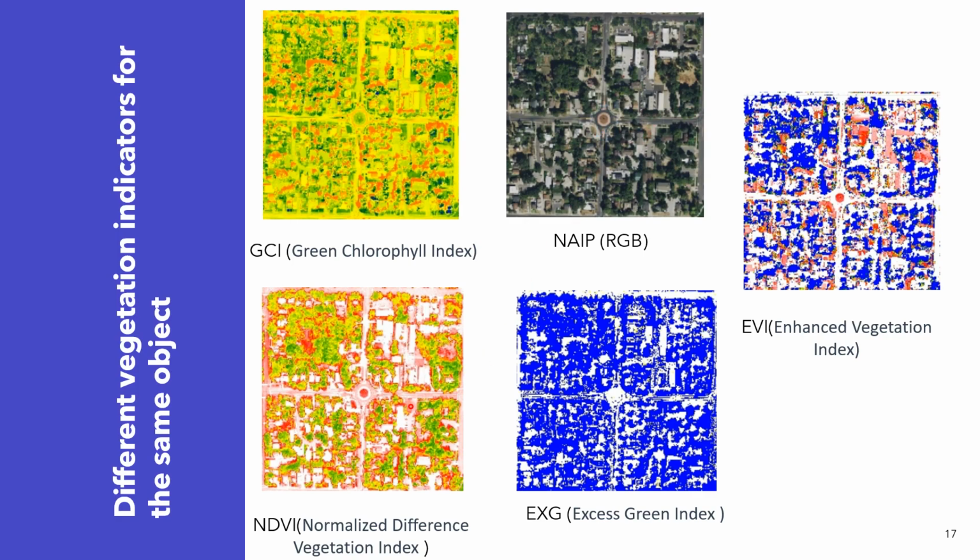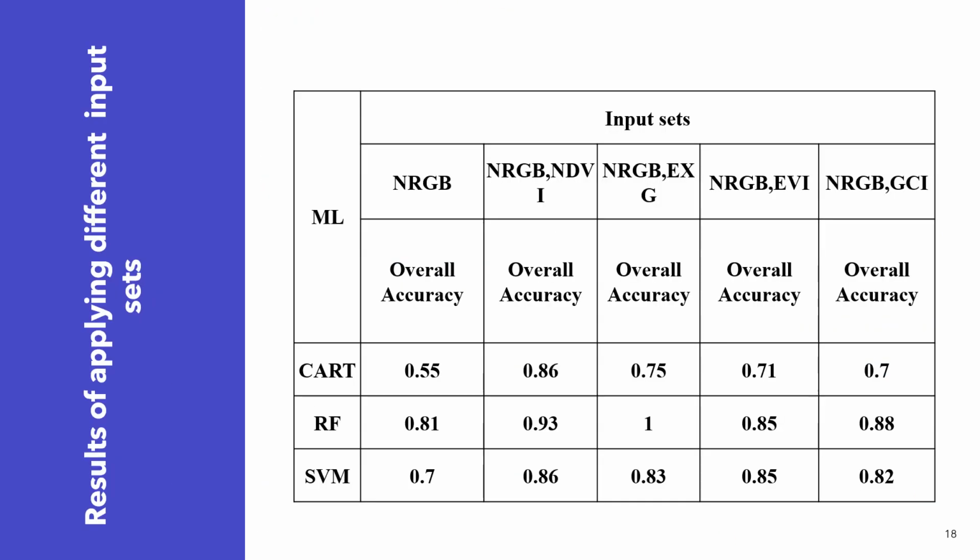NDVI also makes a good contrast between objects compared to the rest of the indicators. So we used different combinations of the NAIP bands with the vegetation indicators to see which one is more accurate.